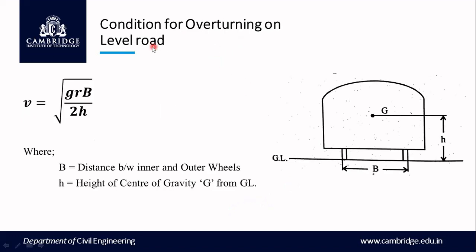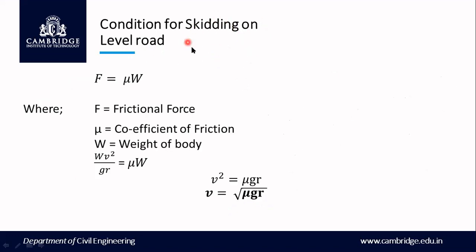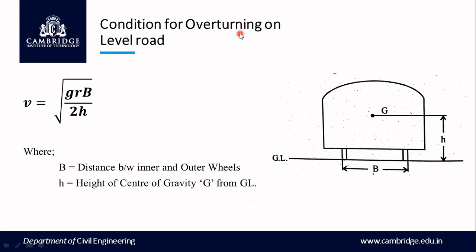Condition for overturning on the level road. We are just studying on the level road itself. The first case was for skidding and the second one is for overturning. So we just need to remember this object. If we take this as the centroid G, a centroid is nothing but the point where the complete mass of the object seems to be concentrated.